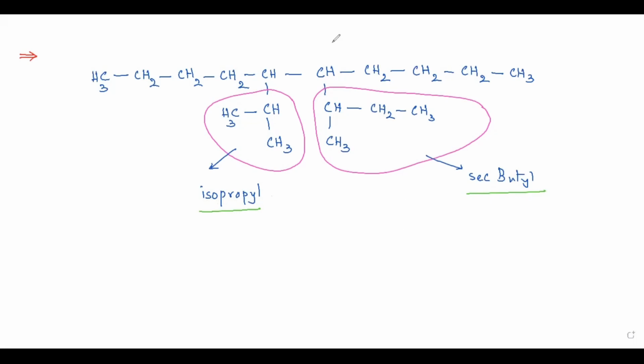Moreover, I have written a capital letter here. So, remember there is a rule which says that iso and neo are treated as part of the fundamental name. That means I and N are considered while arranging the whole thing in alphabetical order.